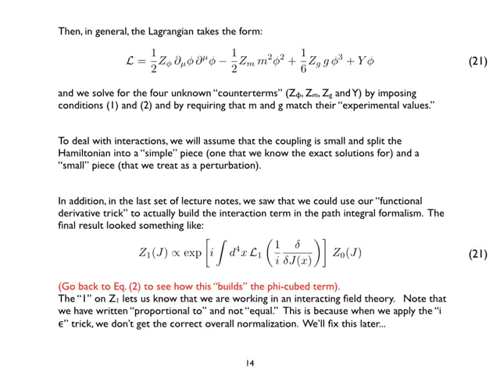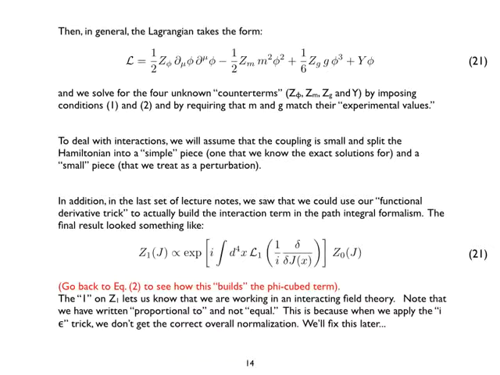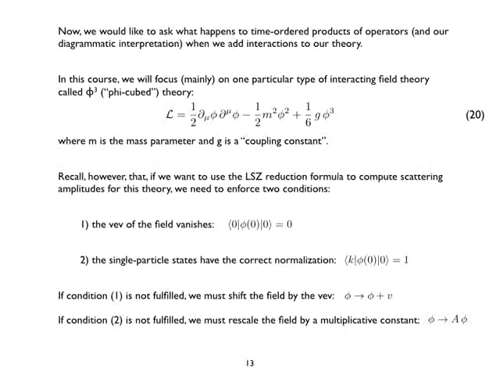When I do that and plug it all in, and this is a good exercise, take this Lagrangian, make those replacements, and see if you can get the correct form. We would do all those changes and get a form that looks pretty similar to what we had before, except it has these counter terms, which are just combinations of the VEV and the rescaling factor.